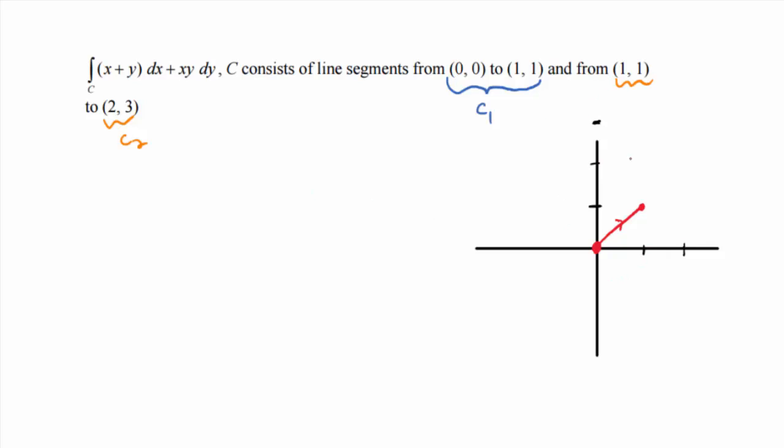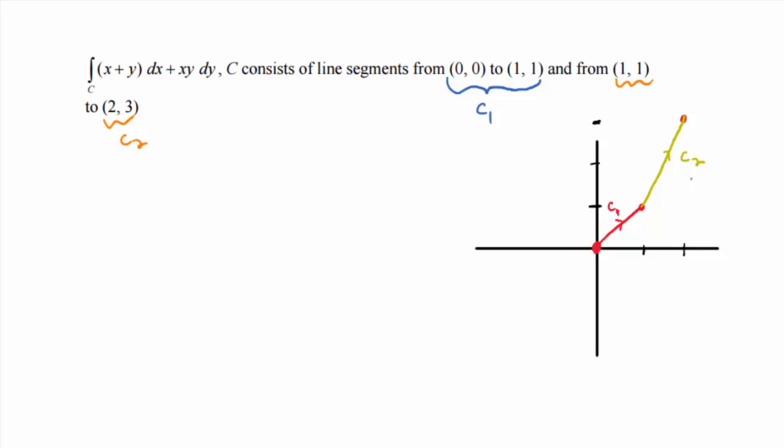So from 1, 1 over to 2, 3 up here. And so I'll do this other segment in yellow, I guess. So this guy is C1, and this guy is C2.